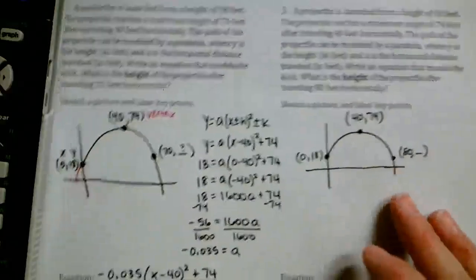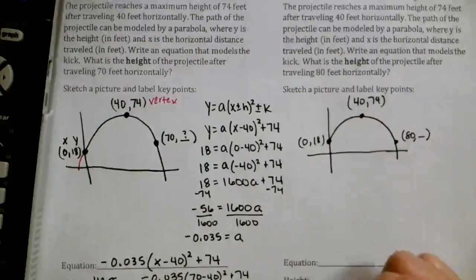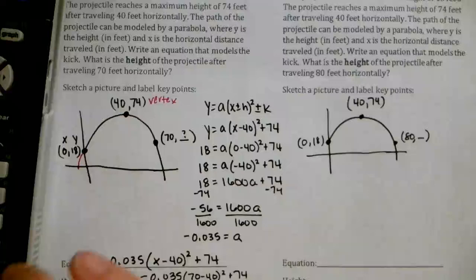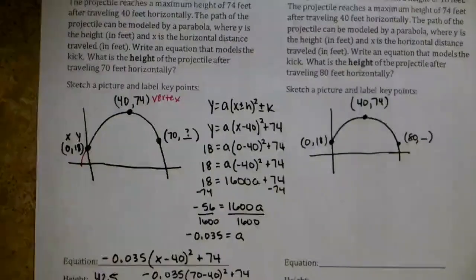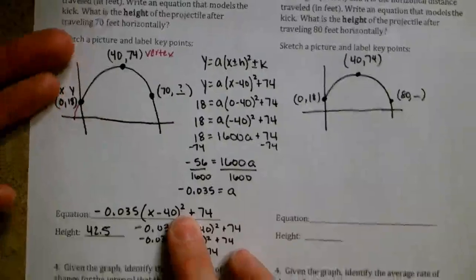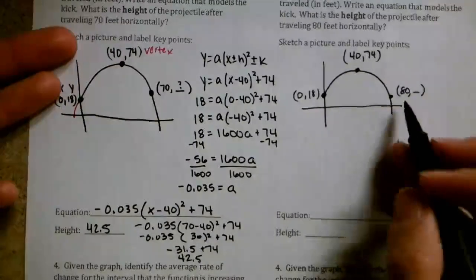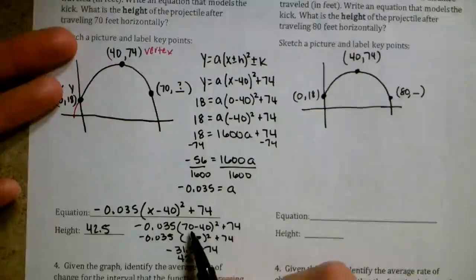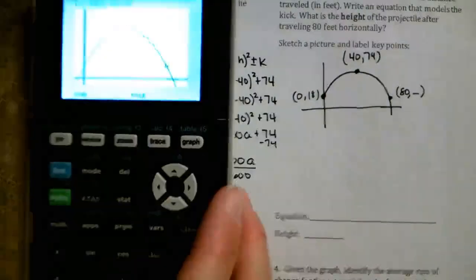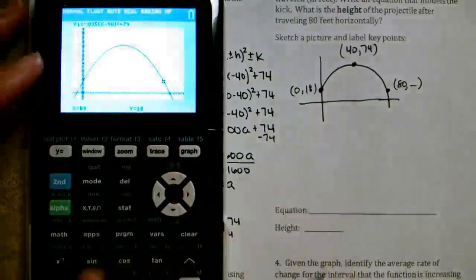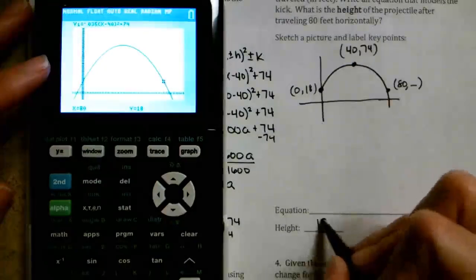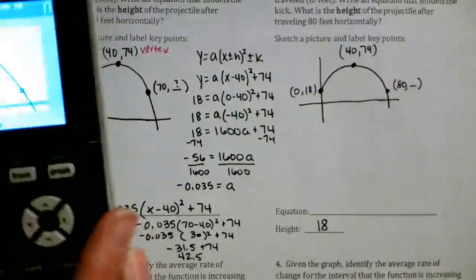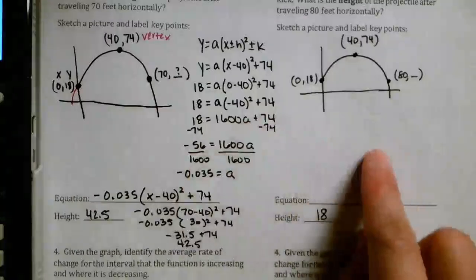So the steps for getting the equation are exactly the same. It's just our height part that is different. So the equation is the same. For our height, we would plug in the 80 instead of the 70. You could also do it on your calculator, and you trace 80 and you get 18. So everything would be the same for this one.